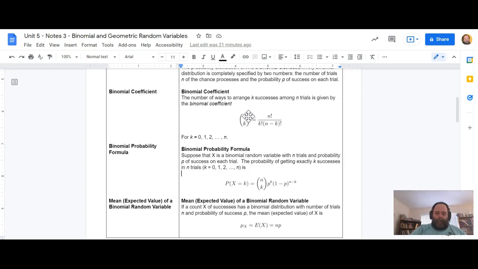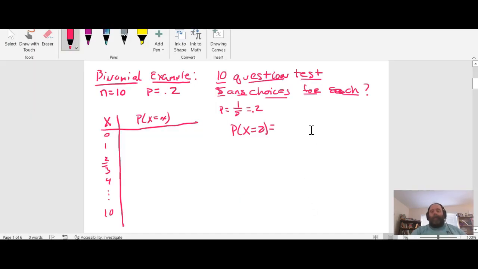And this n choose k is this weird formula of n factorial over k factorial times n minus k factorial. You can spend a lot of time sorting that out, and why does that work? I'm not going to spend a lot of time on that today. We might take a deep dive and look at that later.